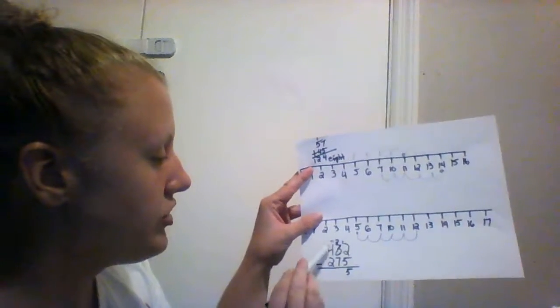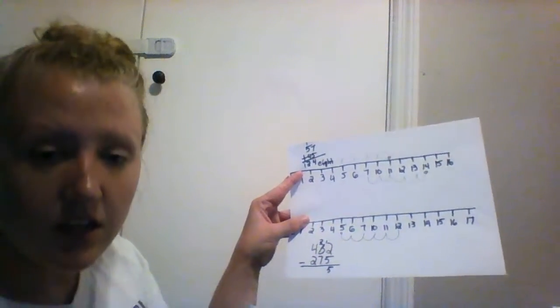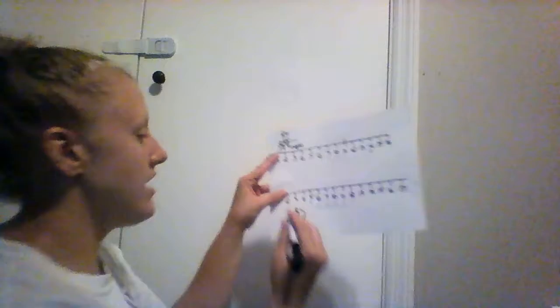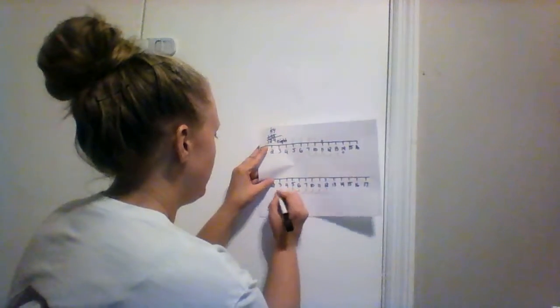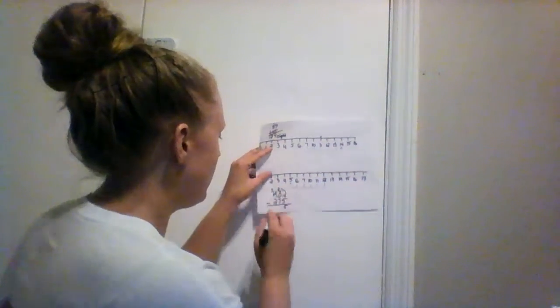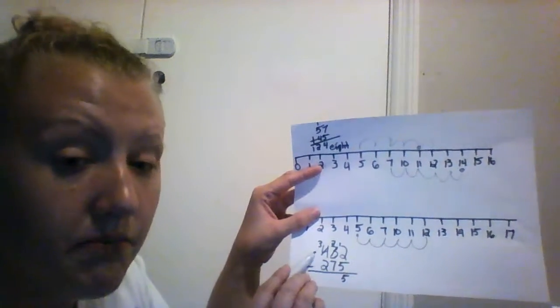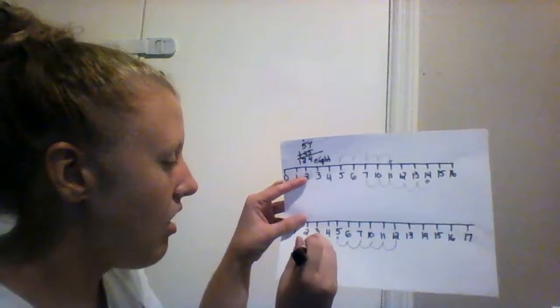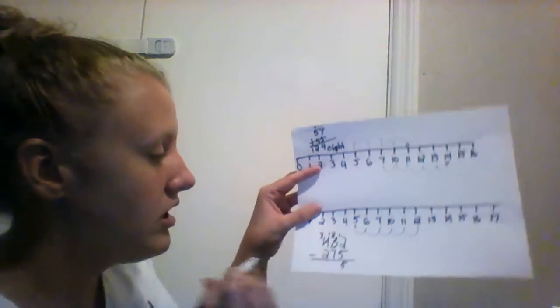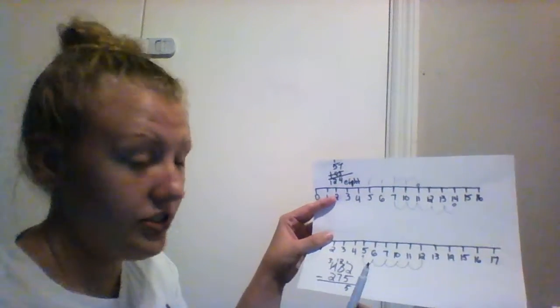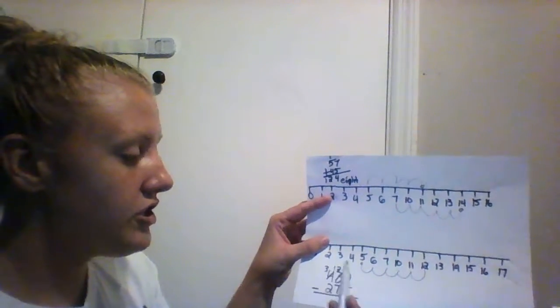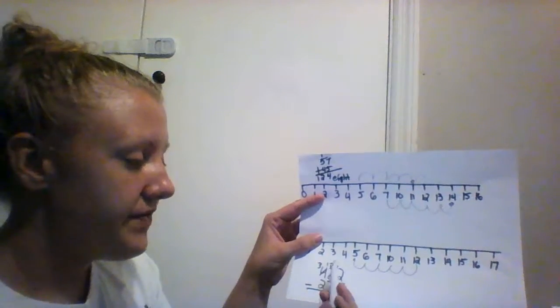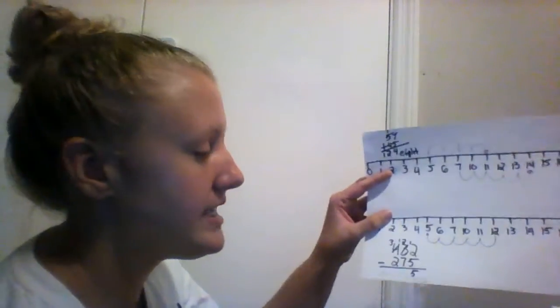Now we have 2 minus 7. Well, we're going to have to regroup again. So we take 1 from the 4, which ends up making it a 3, and then we add it onto the 2, making it a 12 in base 8 rather than a 3, like it would be if we were doing this in base 10.